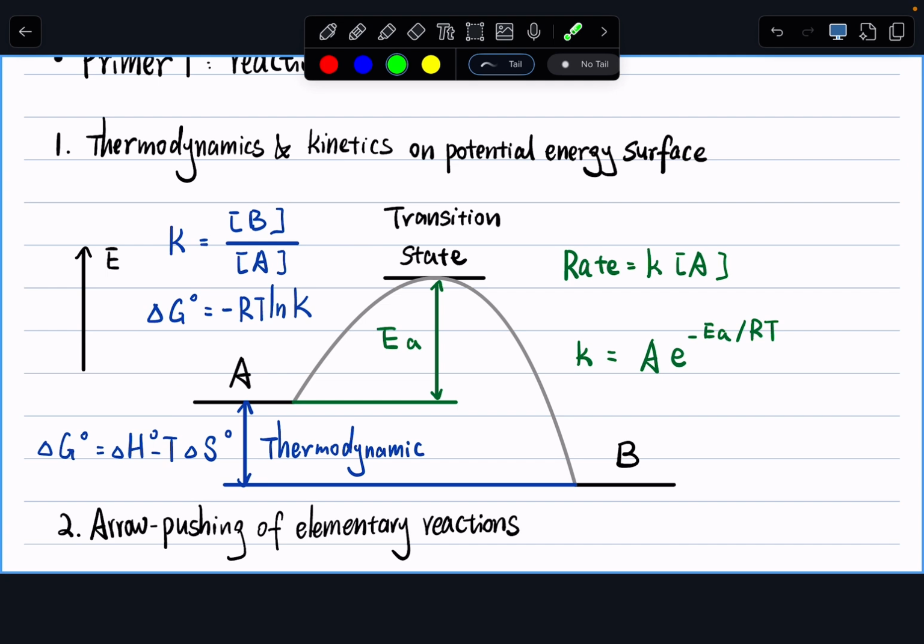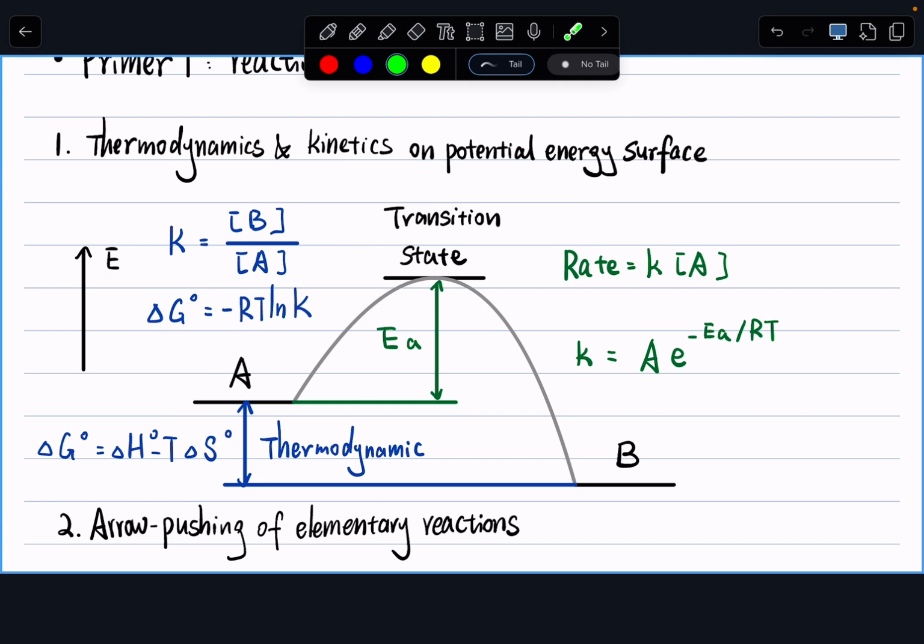If we put this elementary step onto our potential energy surface, effectively we have some kind of energy. Our start point is the same, alkene plus H+. And we have some transition state I'm not going to discuss, but what we're forming is either a highly unstable primary carbocation or a relatively more stable secondary carbocation.